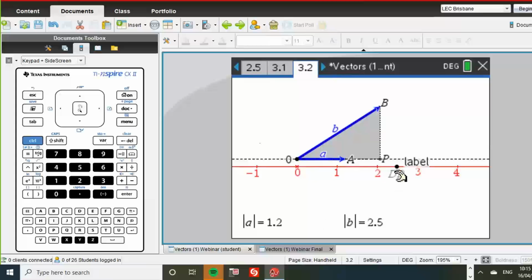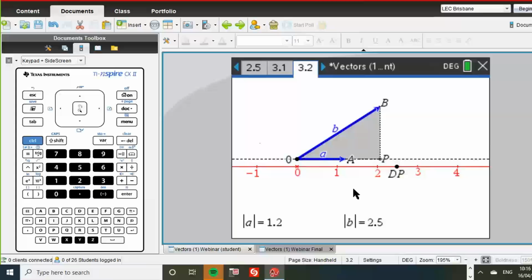This here is the dot product, and it is basically the distance on that number line from the origin. So it seems to be about 2.5. The dot product is the product of the magnitude of vector A, the magnitude of vector B, and the cosine of the angle between the two vectors.